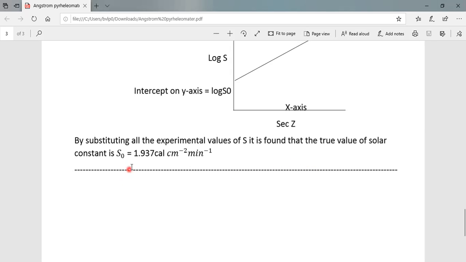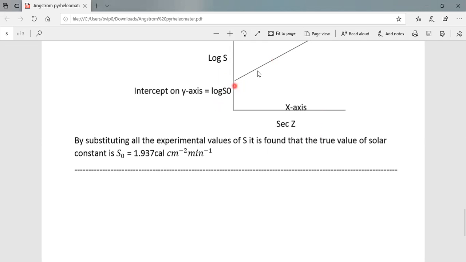The true value is S naught equals 1.937 calories per centimeter square per minute. How can we calculate this value? Using this graph only. We repeat the experiment a number of times at different timings in the same place, and we plot the graph between log S and secant z.